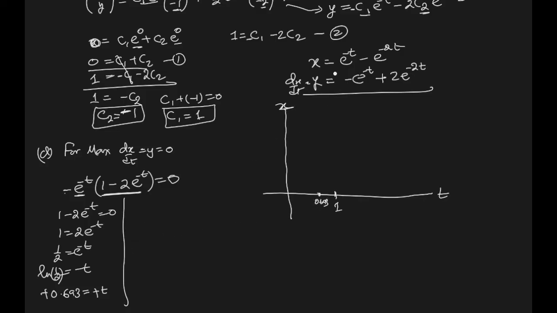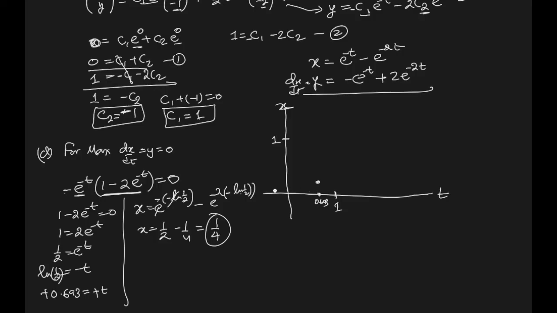I will put negative ln half here: x equals e to the power minus negative ln half, so the negatives become positive, ln and e cancel, it will be half. Minus e to the power minus 2 times negative ln half, which is minus 1/4. So x is 1/4, which is 0.25. Suppose x is 1 here, so 0.25 will be somewhere there. This is our maximum point.